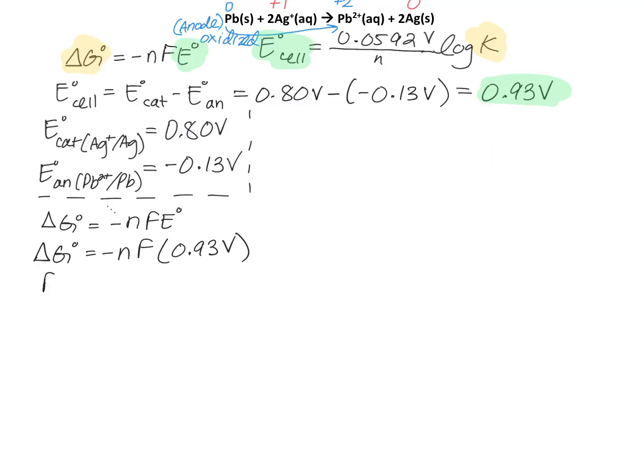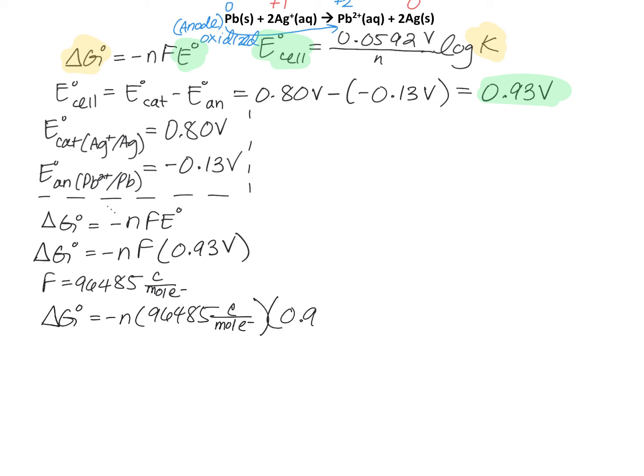Faraday's constant is 96,485. I'm just going to use the whole constant here. Coulombs per mole of electrons. So plugging that in, that tells me that delta G naught is equal to negative n times 96,485 coulombs per mole electrons times 0.93 volts.